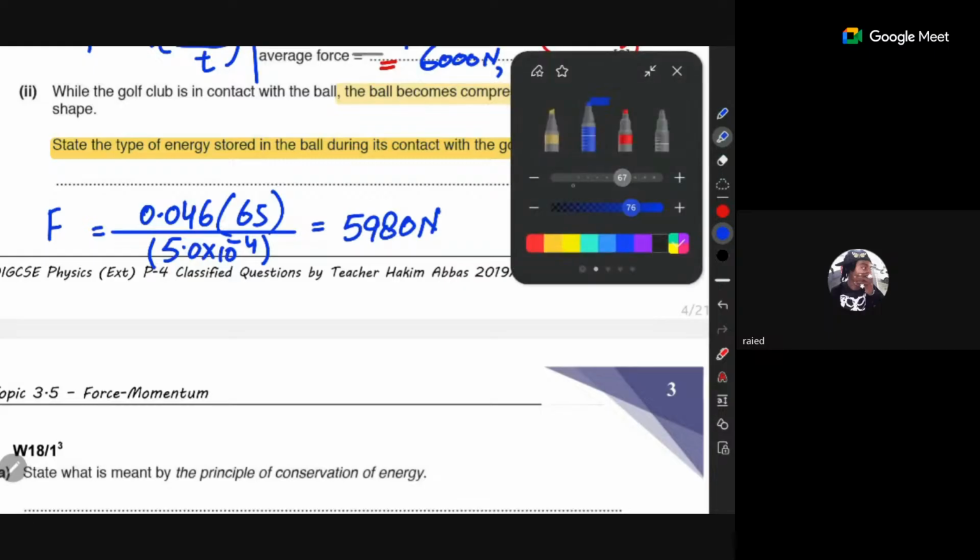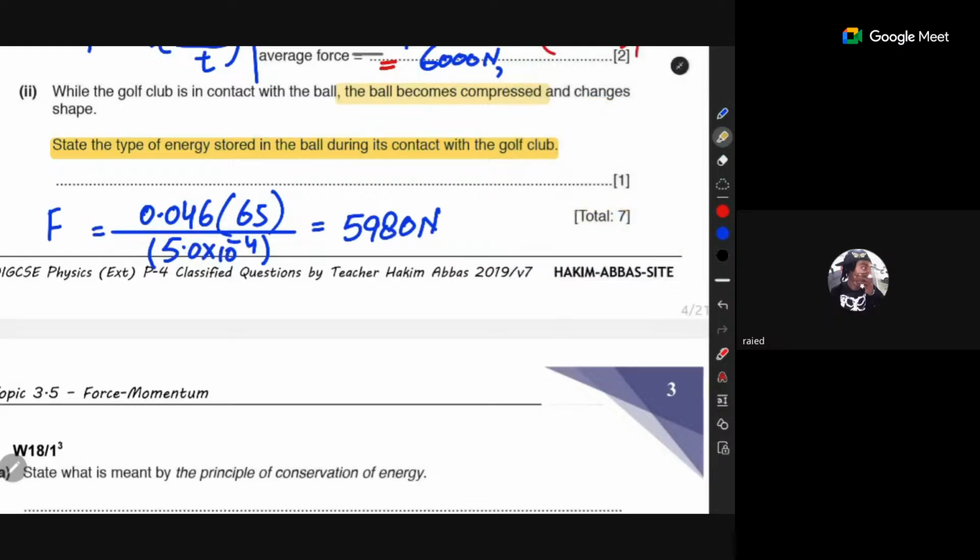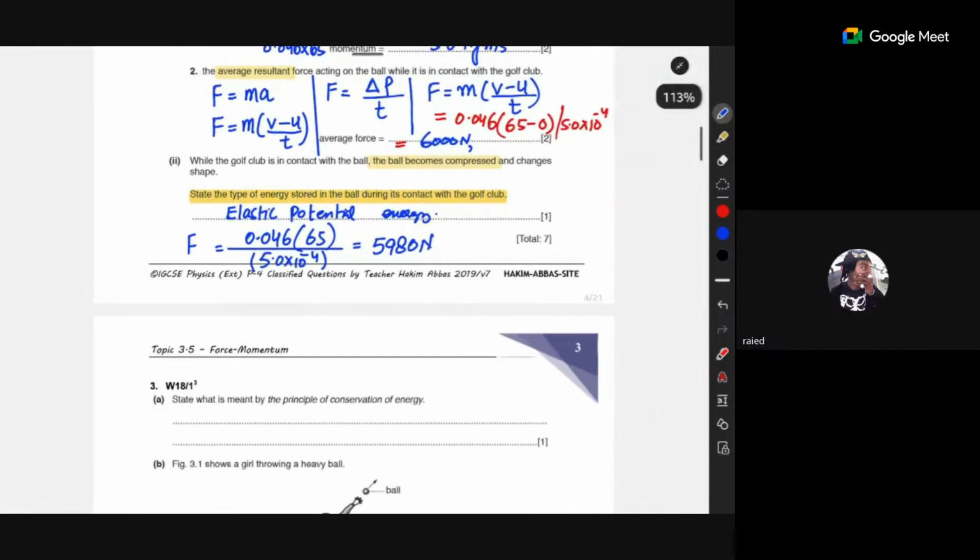So that is basically your elastic potential energy. Okay, is it clear to all? Any confusion? No, sir.